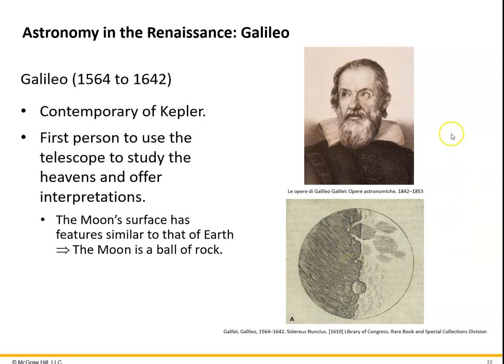When I state this, it becomes important later on. So he looks at the moon and he sees craters and mountains, and he compares the moon to the Italian countryside, which is a great moment in history, right?